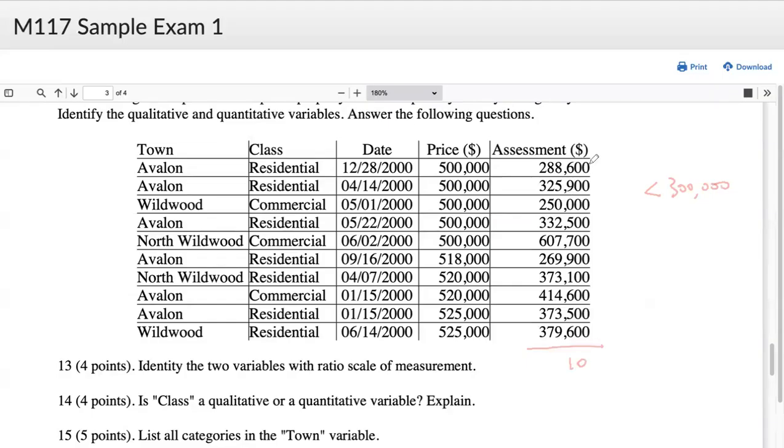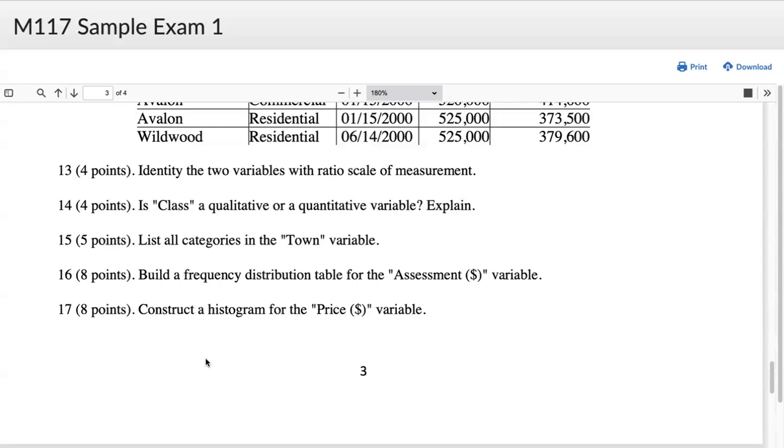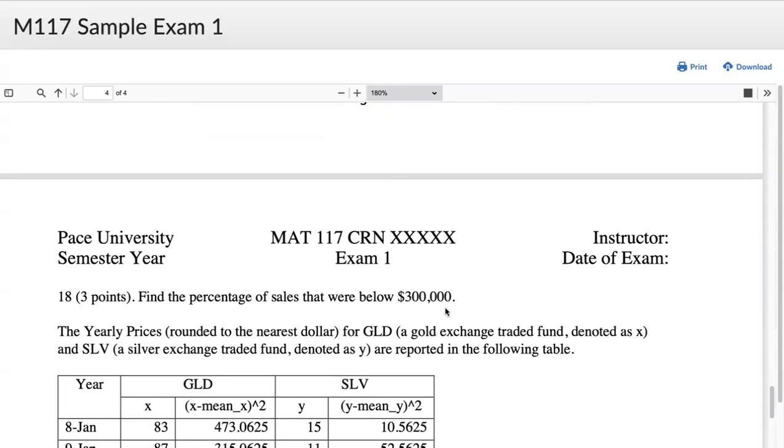Below 300, 1, 2, 3. So 3 out of 10, which is 30%. So the percentage of cells for the assessment below 300,000 is 3 out of 10, or 30%.